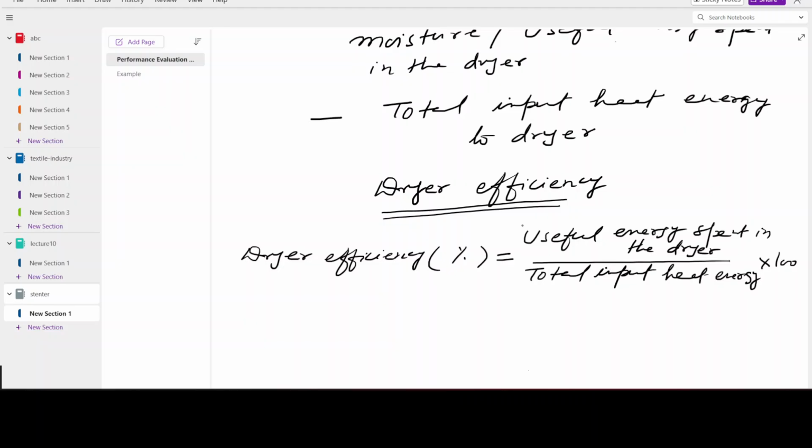Now the main task here is to elaborate this useful energy spent in the dryer.